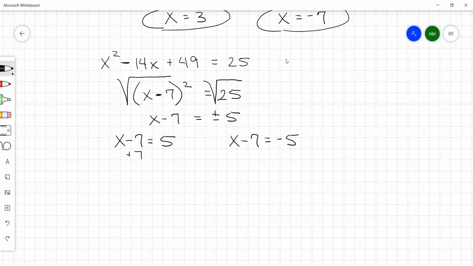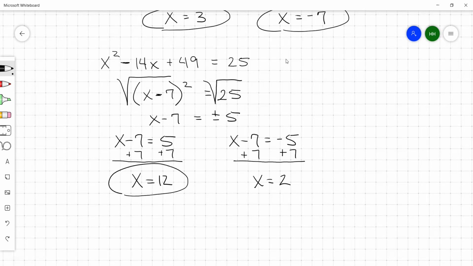You add 7 to each side here in this first equation, so we get x equal to 12. And in the second equation, add 7 to both sides again, and x equals positive 2. So here are your zeros, 2 and 12.